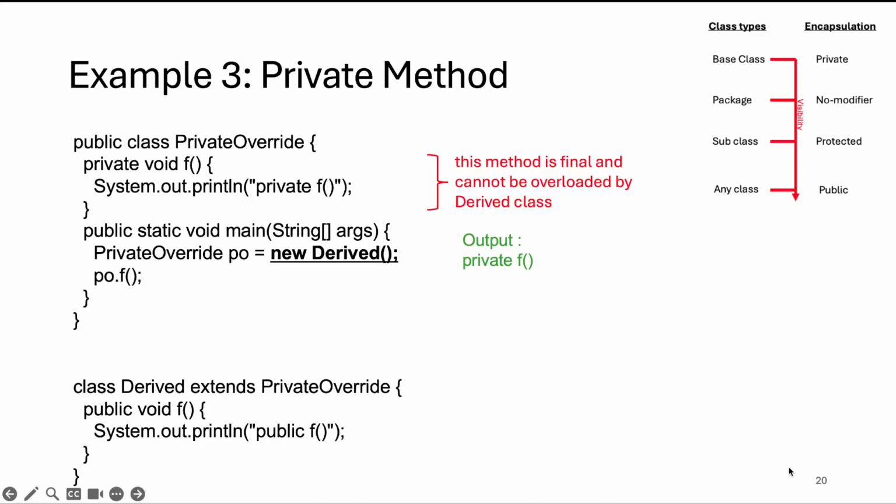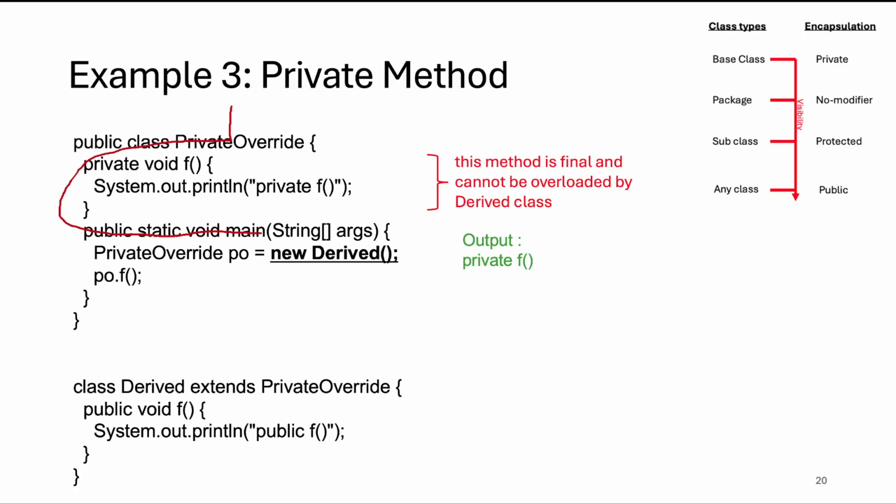Now let us see what happens when the compiler runs the program private override. The compiler comes here, and because there is public static void main, it enters the function.